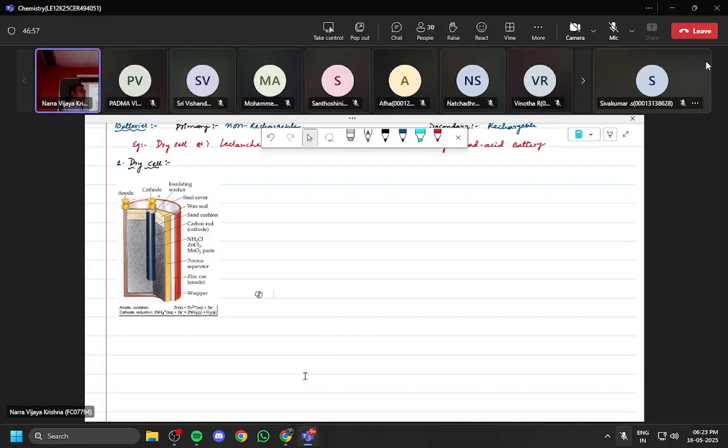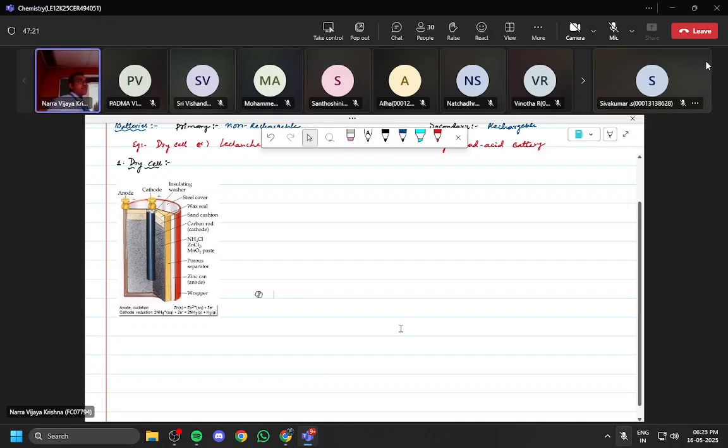There will be one plastic material surrounding that, so that there will be no connection between cathode and anode, right? And to have strength, they wrap it with some plastic cover, like a polythene cover, right? So this is how this dry cell looks.